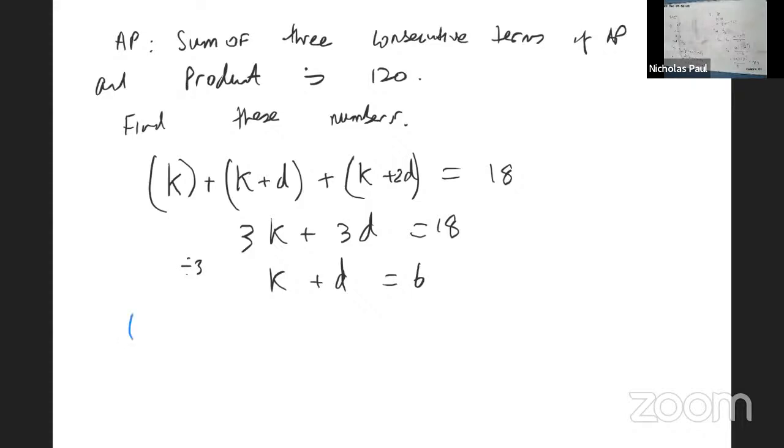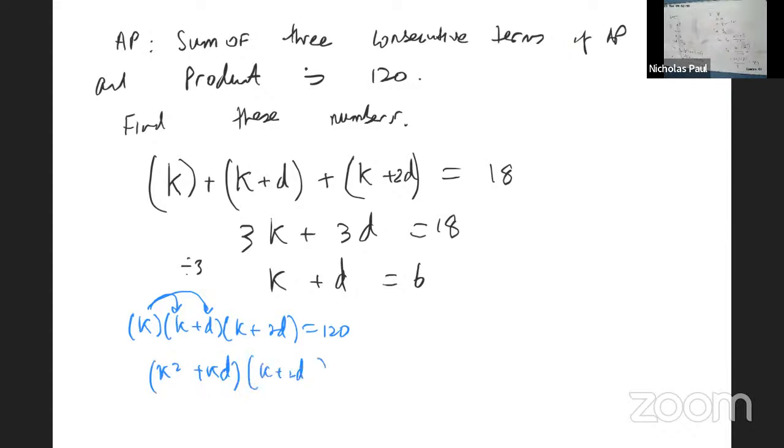So K multiplied by K plus D by K plus 2D is 120. So we have to multiply that out. You're doing 2 brackets at a time. K by K, K squared, K by D, KD. And then you're multiplying that by K plus 2D.